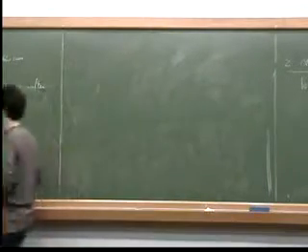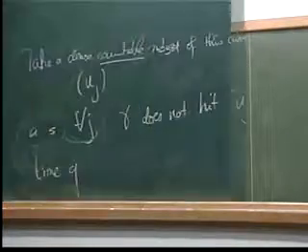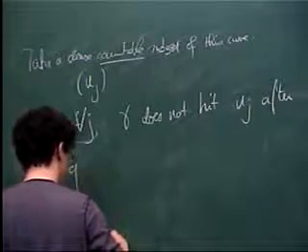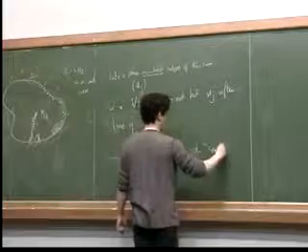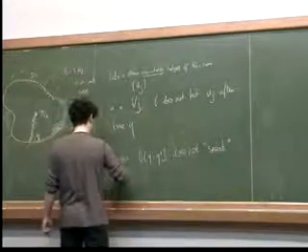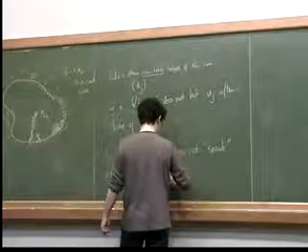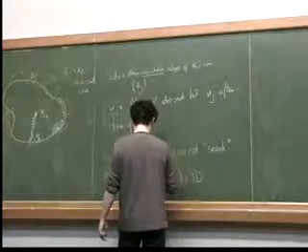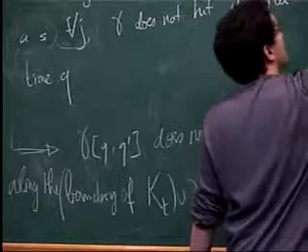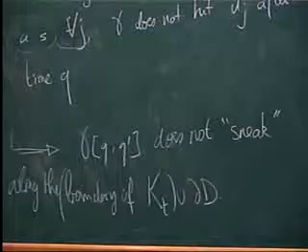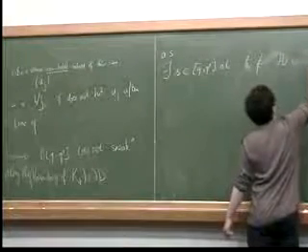So this argument tells you that gamma between q and q prime does not sneak, let's put it this way, I don't know if this is an English word, I think so, along the boundary of K_T union boundary of D. So what I mean is that there exists, almost surely, there exists s between q and q prime, such that gamma(s) does not belong to the boundary of D union boundary of K_T.